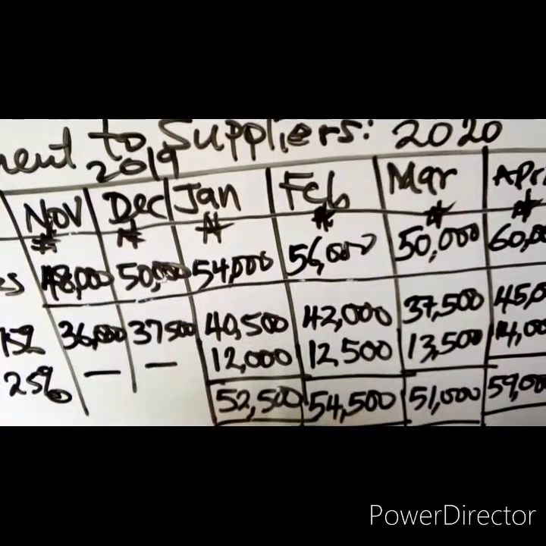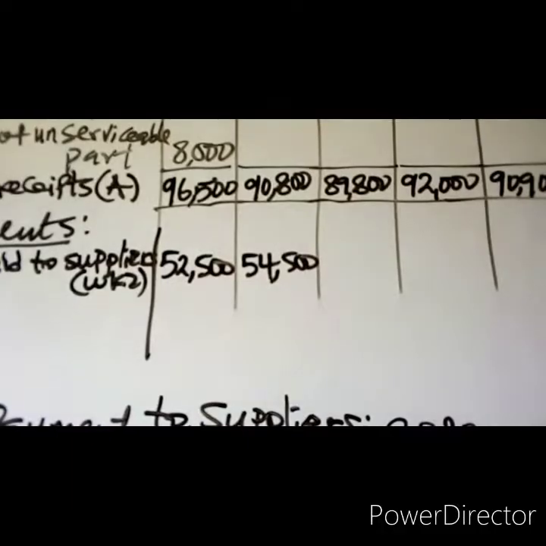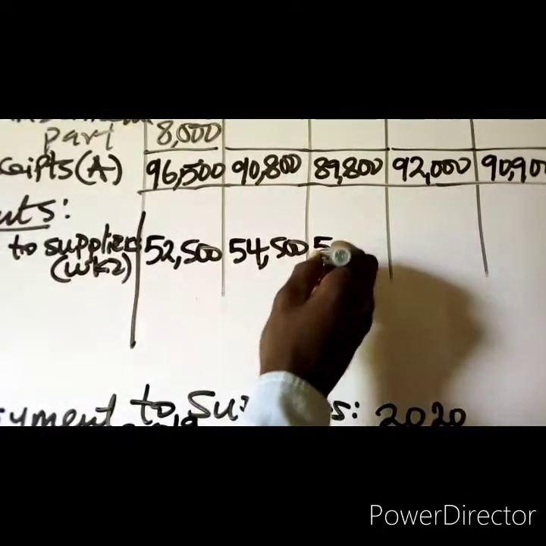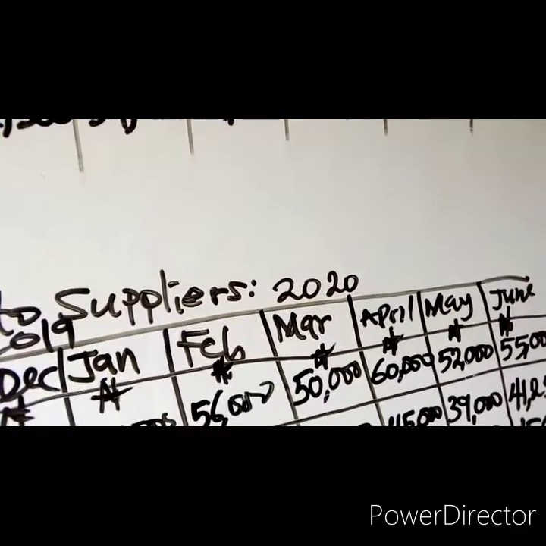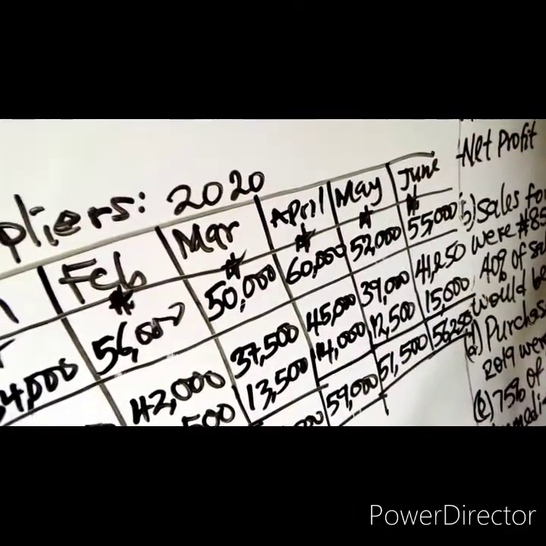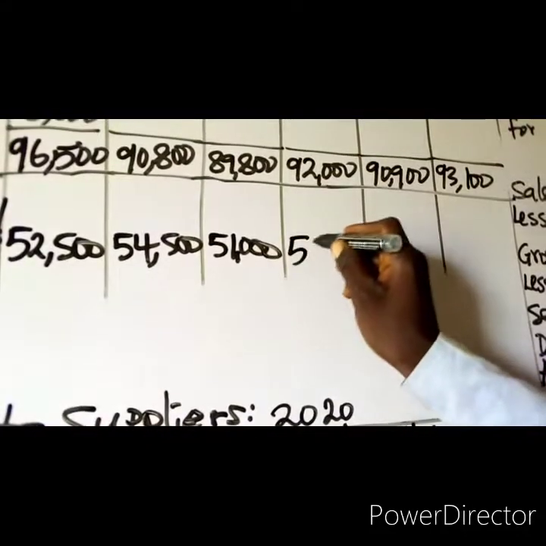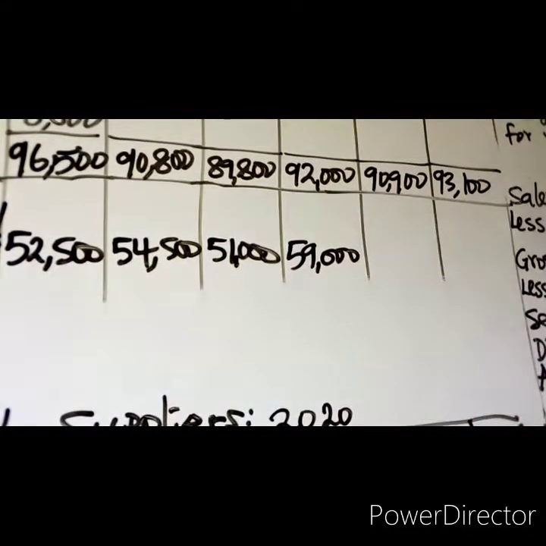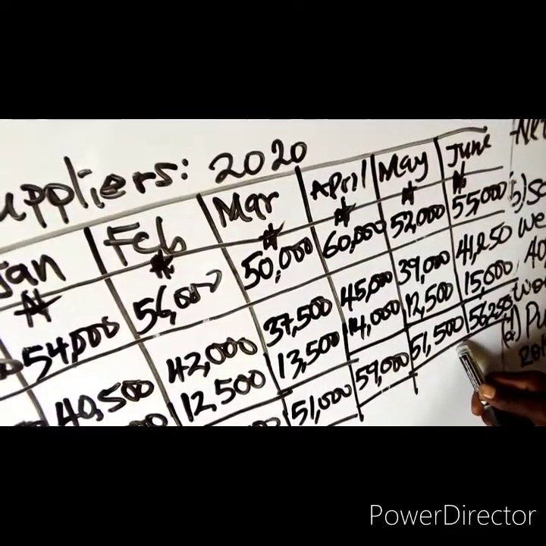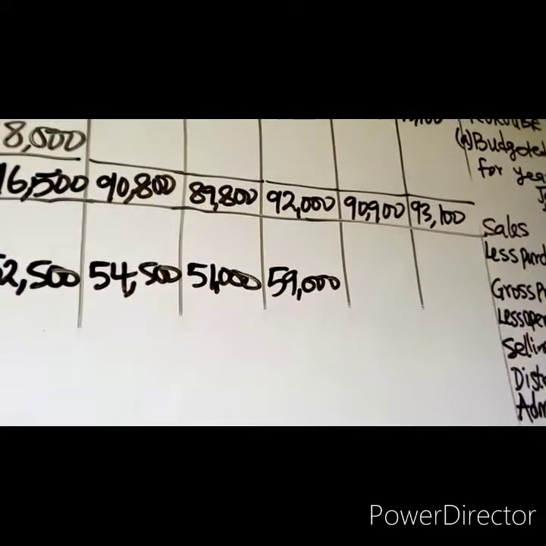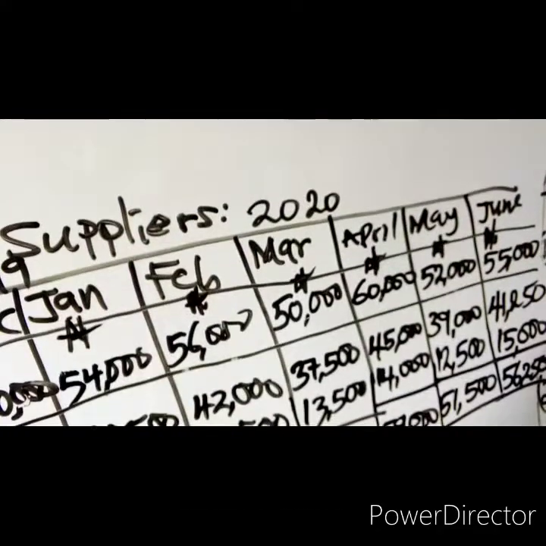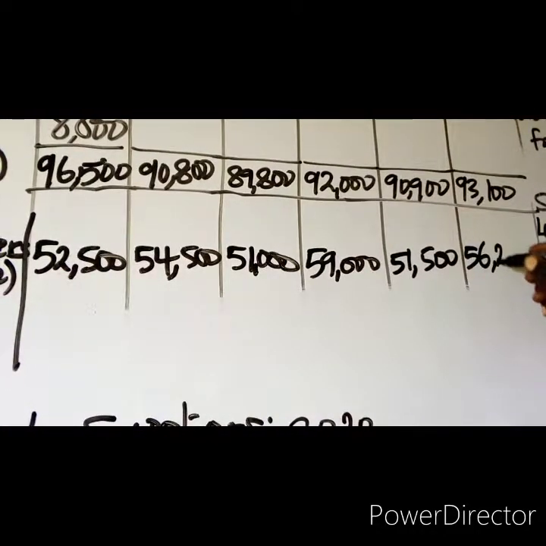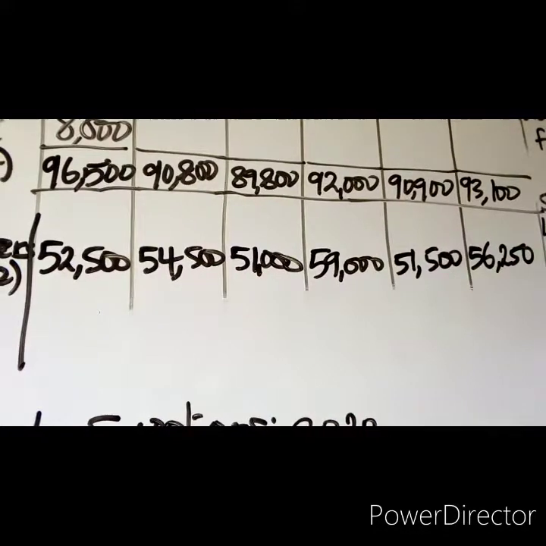For March, we have 51,000. April, we have 59,000. May, 51,500. And June, 56,250.